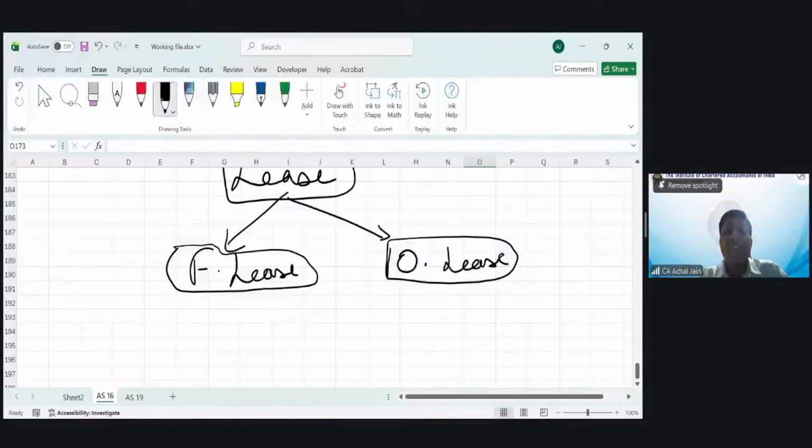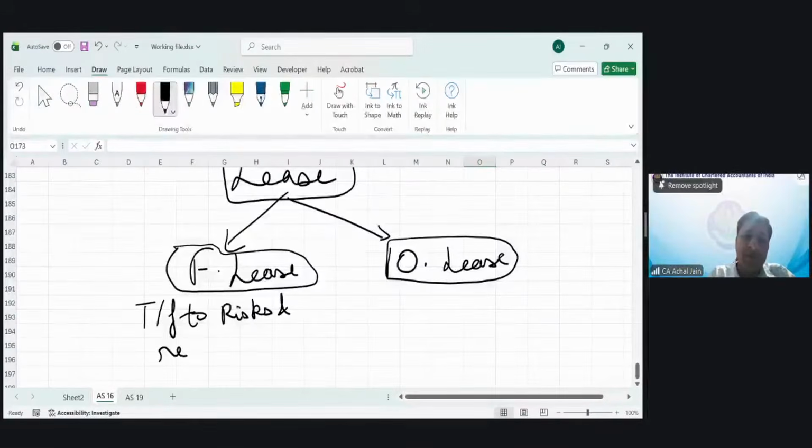Wherein substantially all the risk and rewards are transferred. So let me write it as transfer of risks and rewards. To whom? Lessee only. Yes or no? Now, you may have a question, but sir, how do we check? How do we get to know what is the meaning of this substantial transfer of risk and reward? That we will discuss. That part we will have to discuss, because that is the assessment we will have to do.